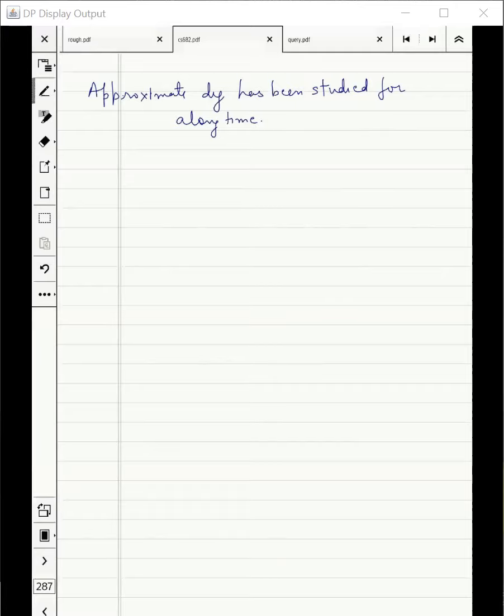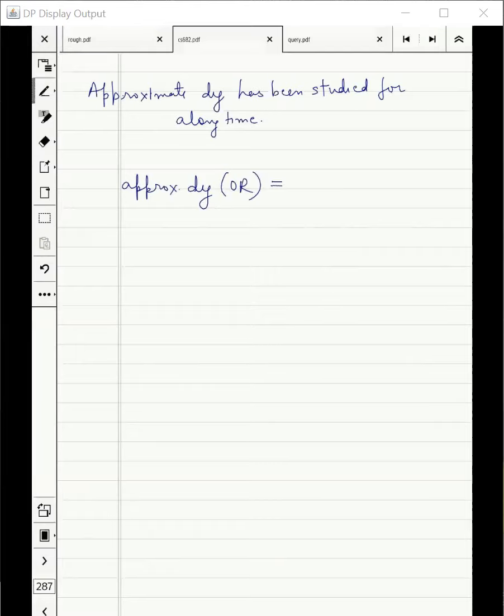And, to your surprise or not surprise, if I ask the approximate degree of OR, what do we know? What is the approximate degree of OR? What will be your guess?